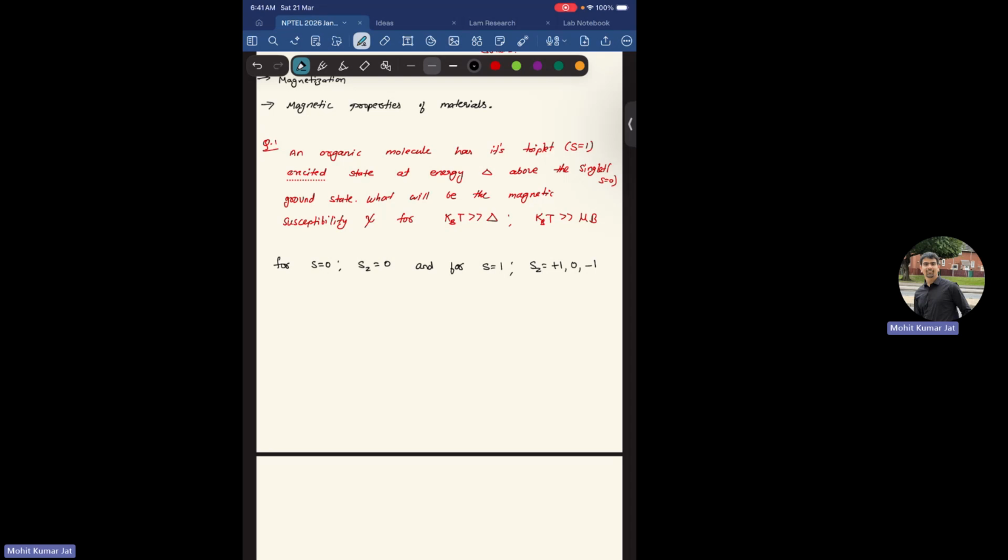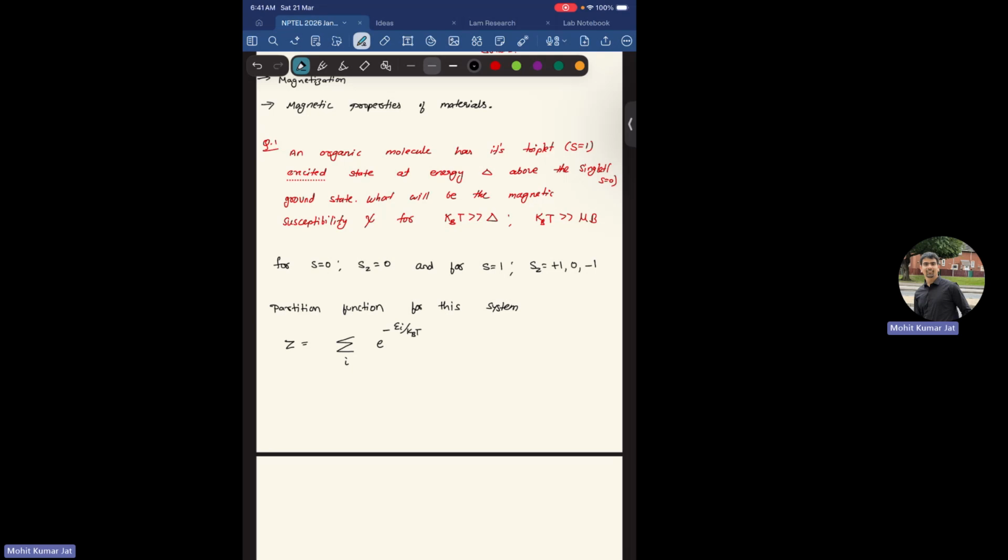So if we go to the partition function for this system, we know the partition function Z is written as the summation over all energies Ei of e to the power minus Ei by kBT.